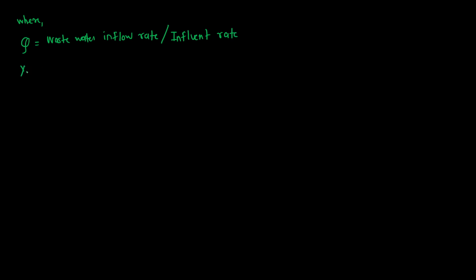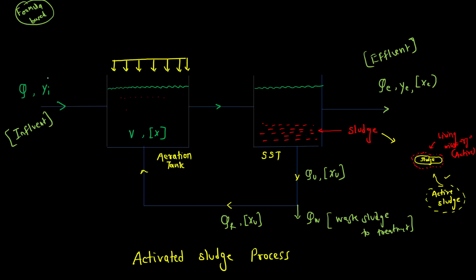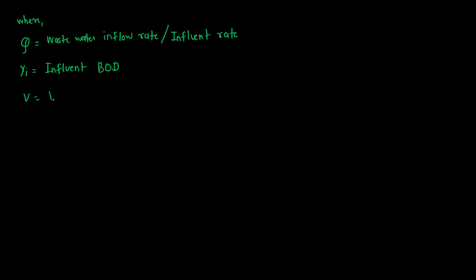Then the next one is yi. This yi stands for influent BOD. Then v stands for, you can just refer to this diagram. See, this q we have done, the yi we have done. Now we are going to the v. The v stands for volume of aeration tank.